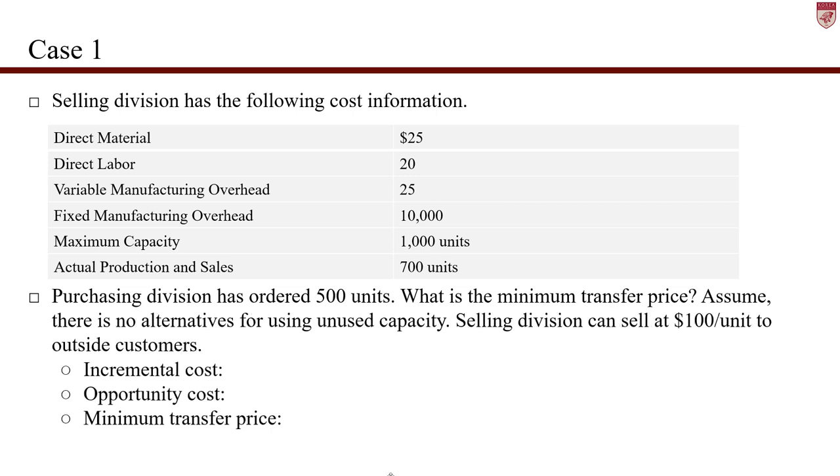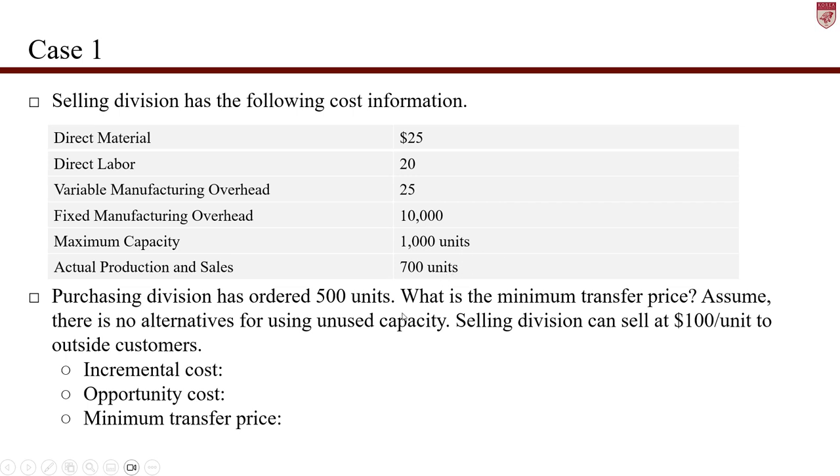Next, we're going to assume there is no alternative for using unused capacity. So this is the same scenario as the first case. But then, instead of ordering 300, now the purchasing division has ordered 500 units, while the unused capacity is only 300.